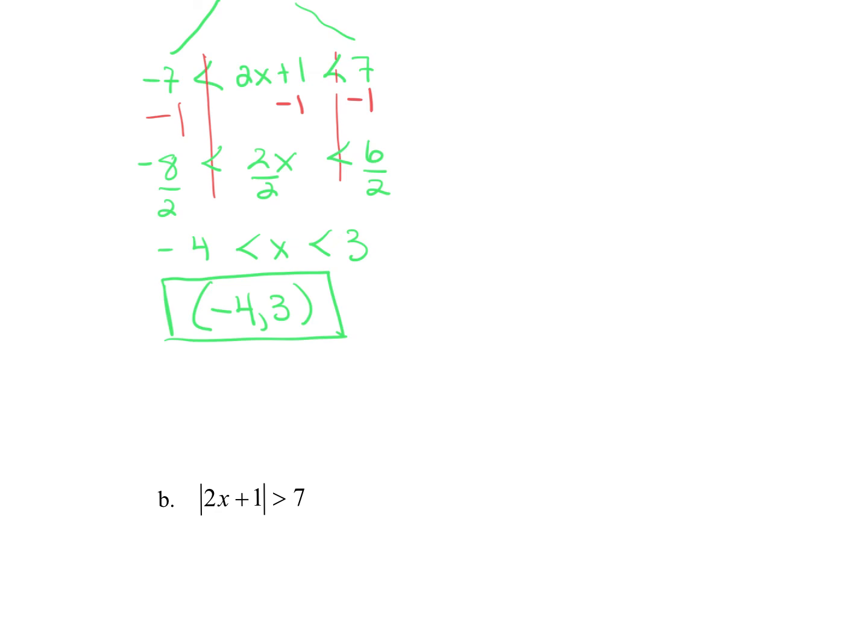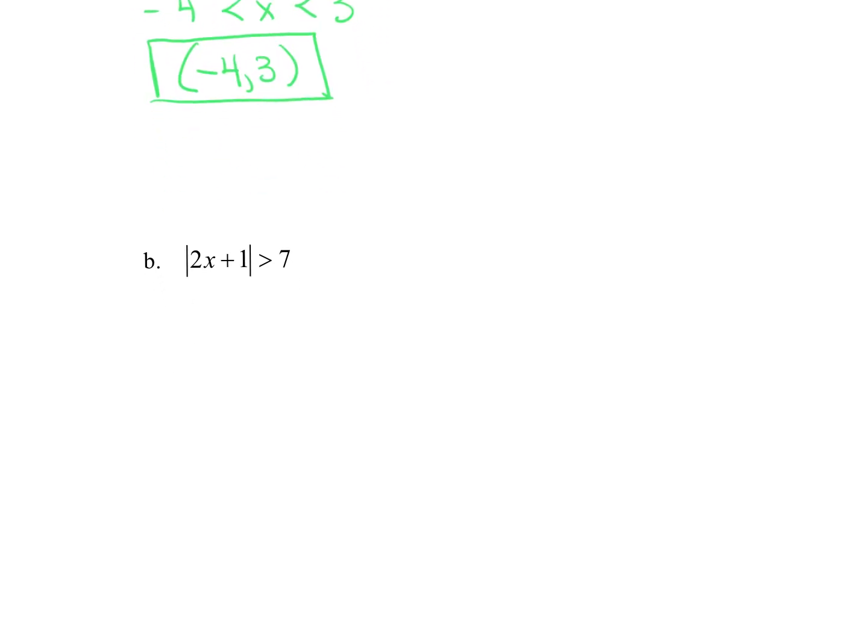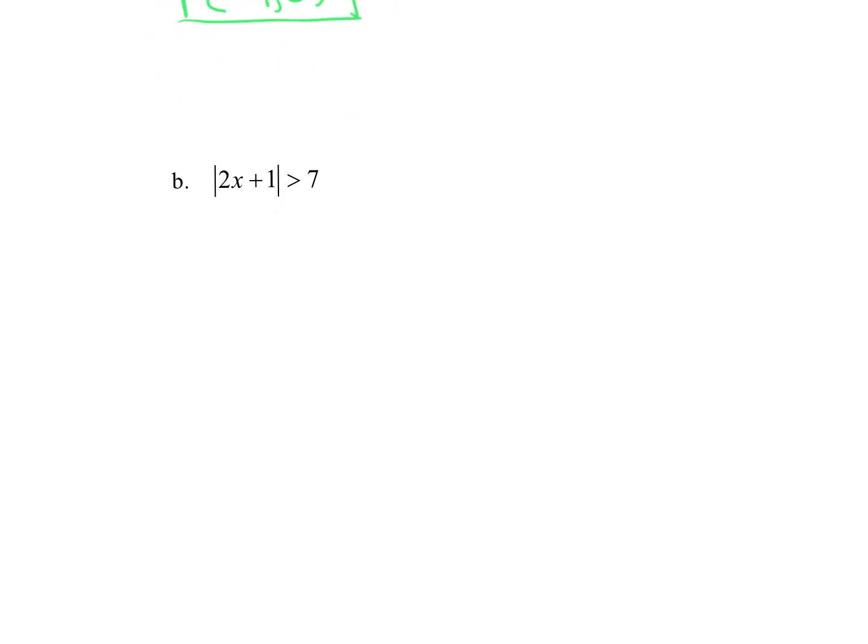The next problem is very similar, but it's not a Christmas tree problem, and it's because the absolute value is greater than. So in this case, we have to consider 2 versions. So here's my first version. 2x plus 1 could be greater than 7.